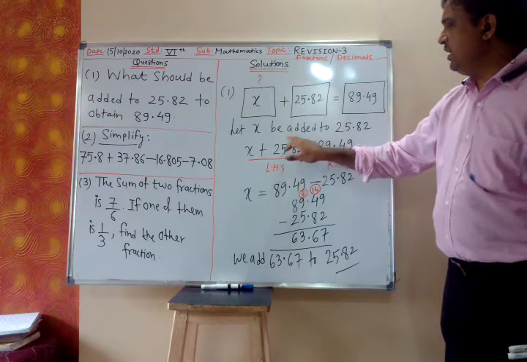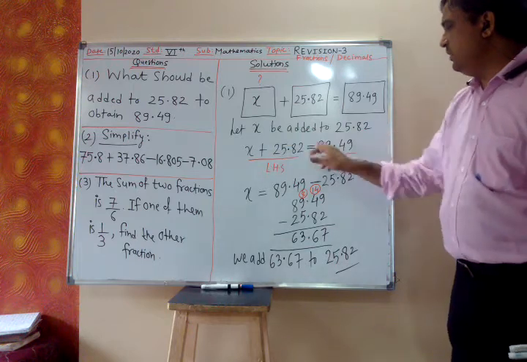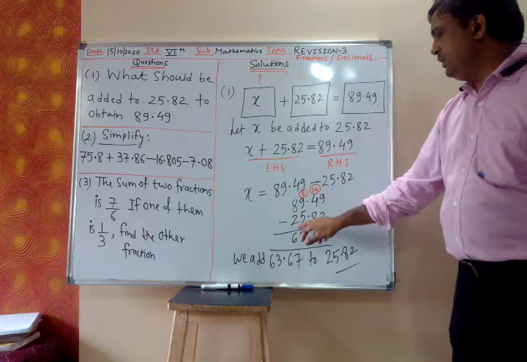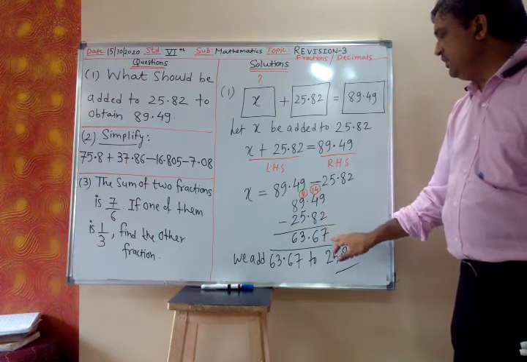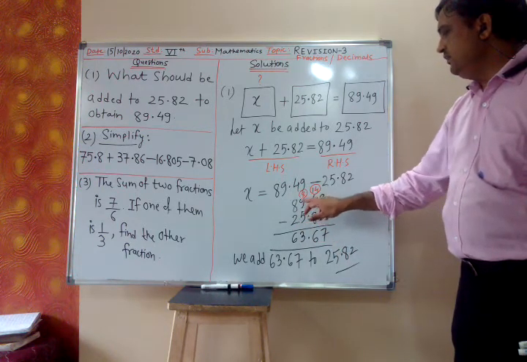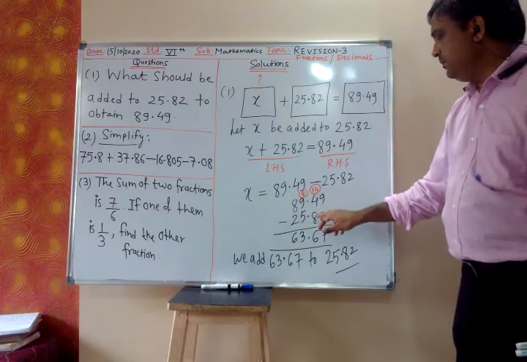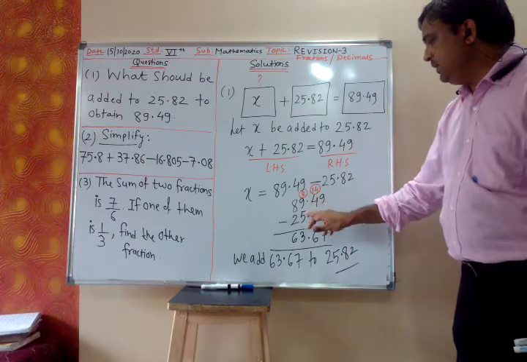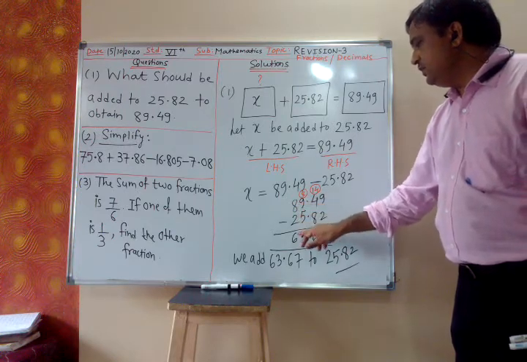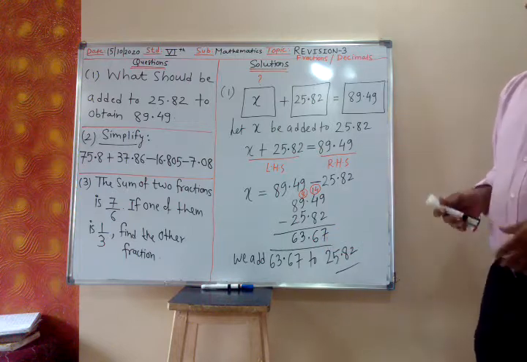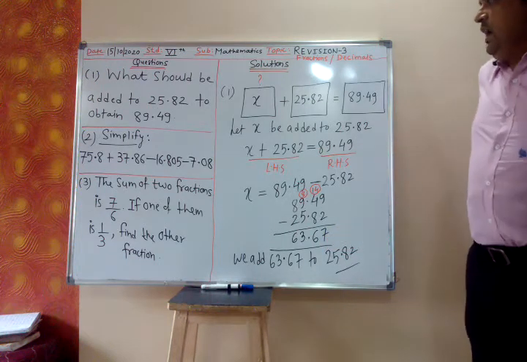When I take it to the right hand side, it becomes minus 25.82. So 89.49 minus 25.82. 9 minus 2 is 7. Then this is 4, so 1 will be carried. 4 becomes 14 and 9 becomes 8. 14 minus 8 is 6. 8 minus 5 is 3. 8 minus 2 is 6. So the answer is 63.67.